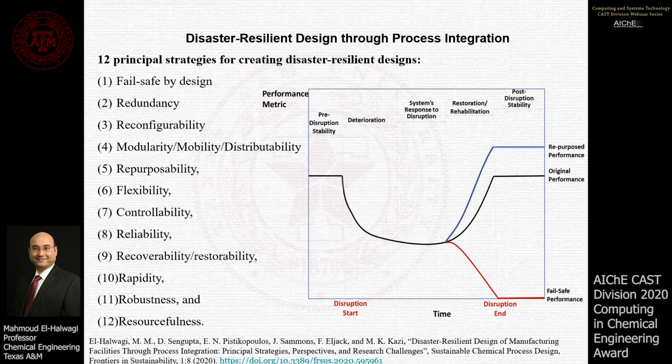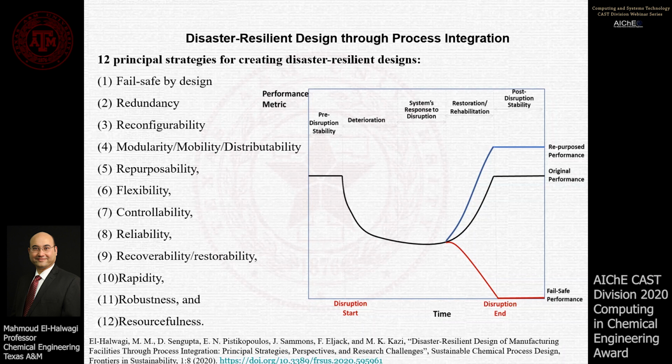Also, another thing that is becoming very important is how do we pre-design the process so that it can be repurposed to produce other chemicals. Suppose that we have a pandemic and we have shortage during the times of the pandemic or other disasters.